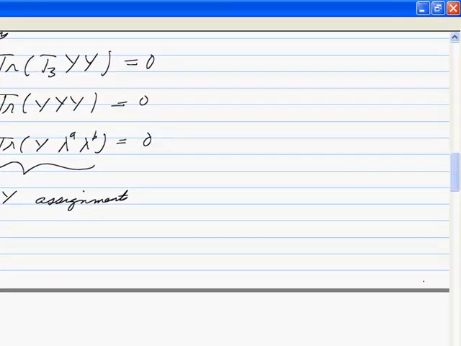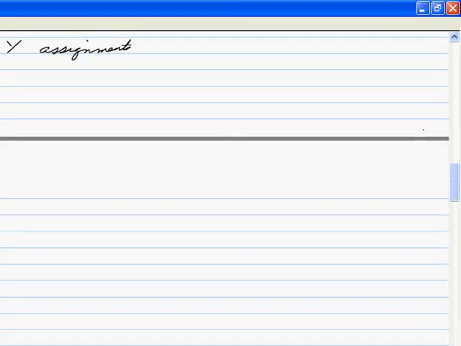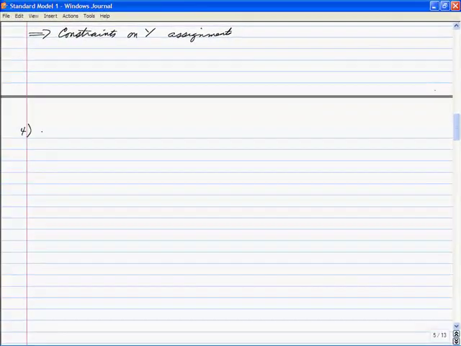So that's the physics input. And the last physics input that's needed is that E and M is vectorial.